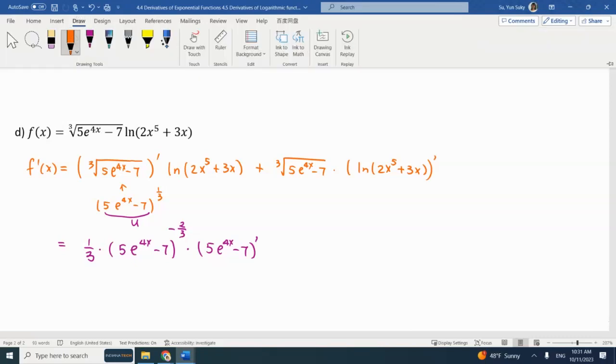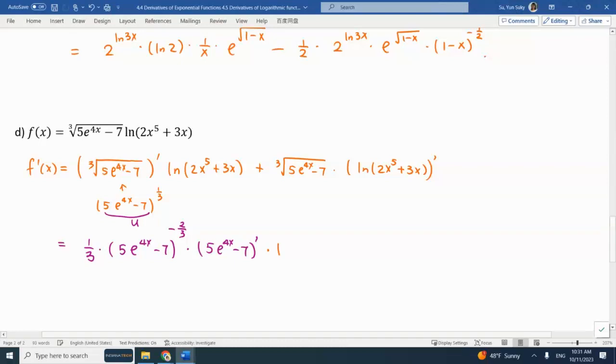And then the second factor we multiply. Right? The second factor has no prime. We just copy it. And then plus, do you see this guy has no prime? We copy it. Okay. So we copy it.